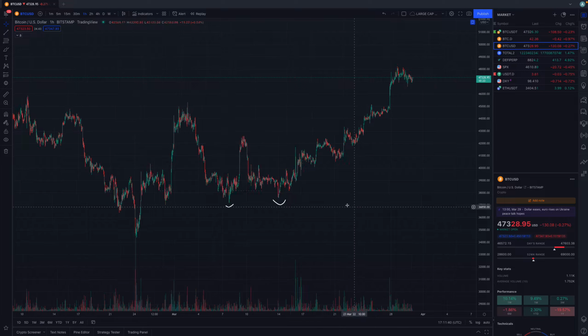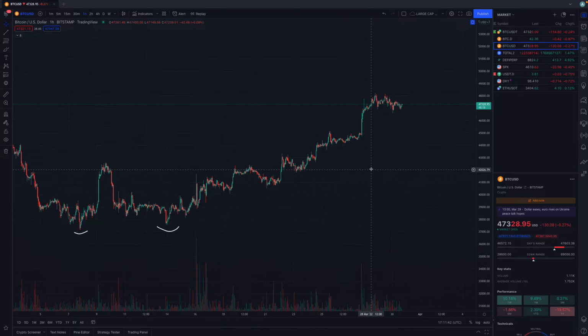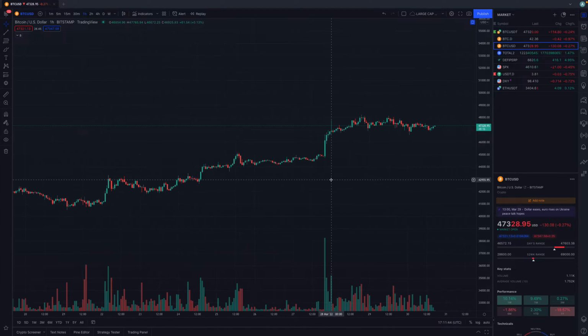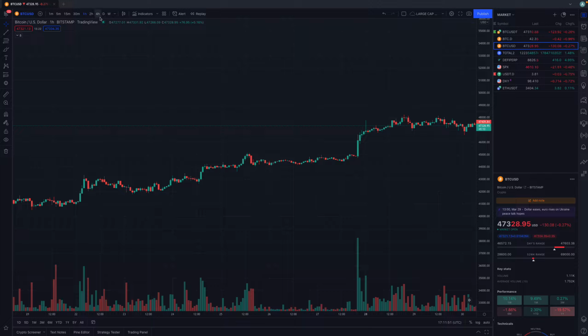So in the previous video, knowing how when we zoom in, we can see the open, high, the low, and the close of the candle. You can also see that information up here in the top left corner, right next to the time frames. So you'll see OHLC. That stands for open price, high price, low price, and the close price.